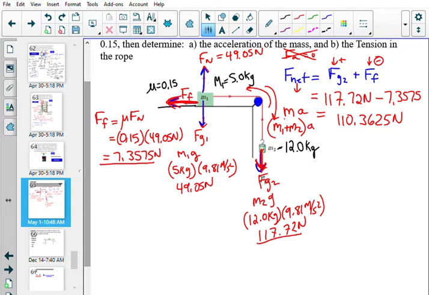So I'm going to scooch down out of the way here. M1 and M2 is 12 plus 5, 17 kilograms times the acceleration is equal to 110.3625 newtons. So then I can divide to get the acceleration.